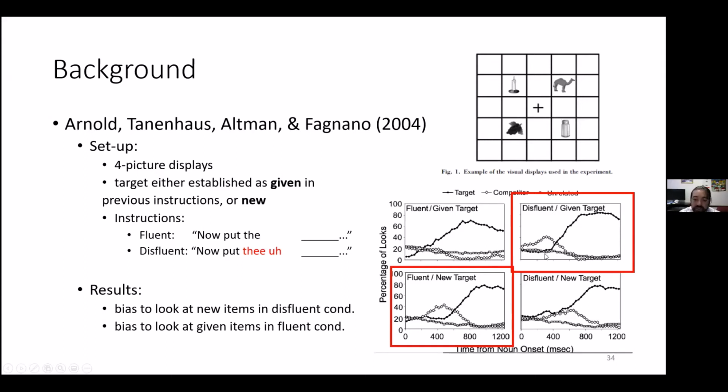However, when the instructions were disfluent and the target was given, participants were drawn to look at the new item. So the interpretation here is that when participants heard the disfluent speech, they were more likely to expect that the speaker was about to name a new item versus a given item. So in other words, they've associated a sociopragmatic function to disfluencies, again, with monolingual speakers and in monolingual speech.